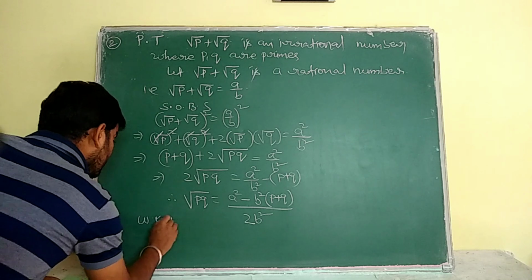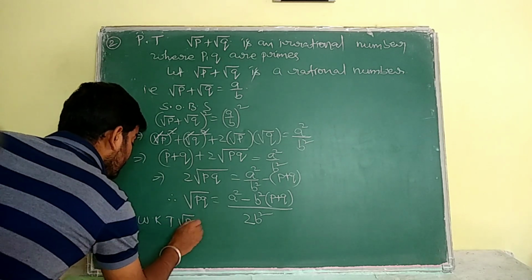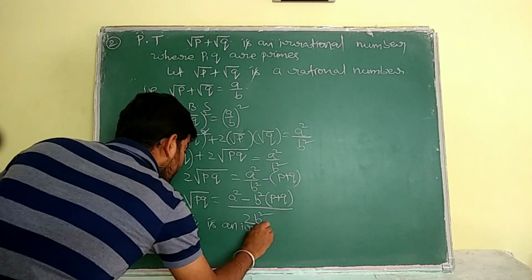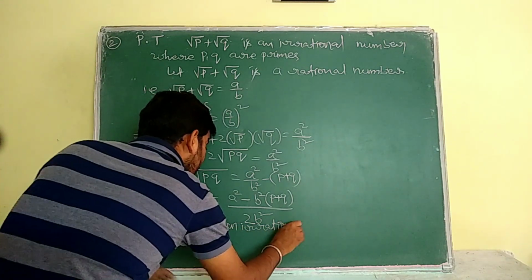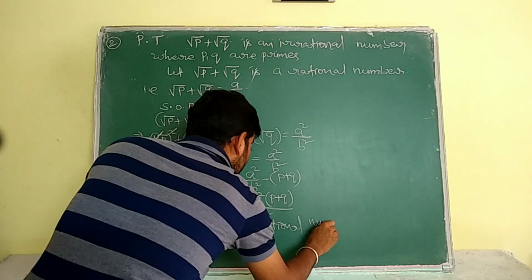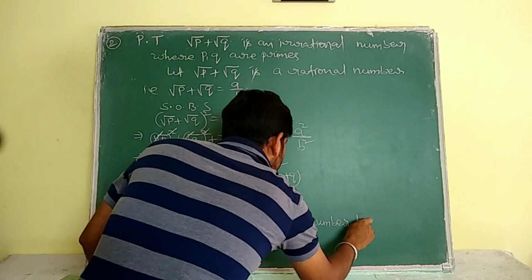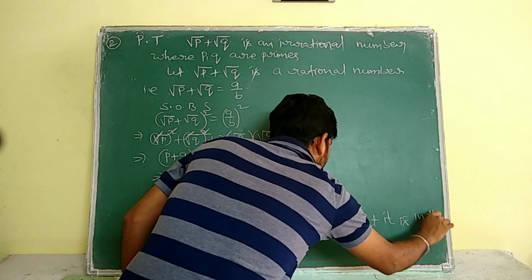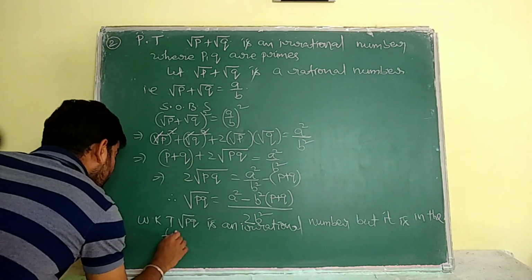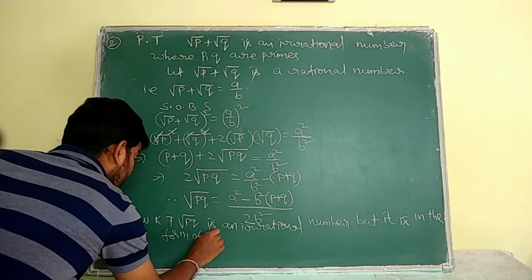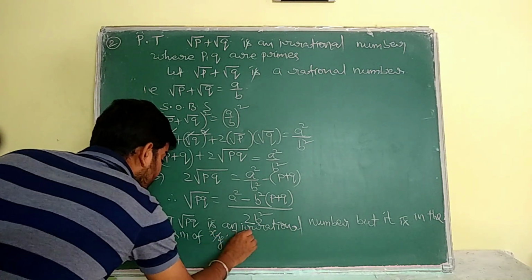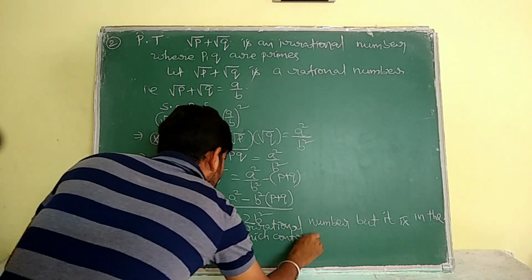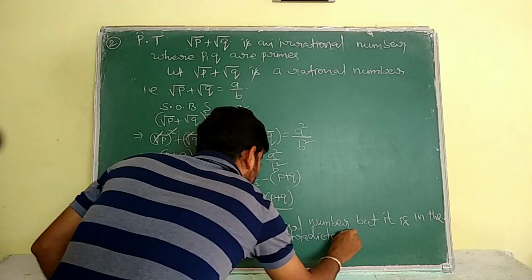We know that root pq is an irrational number, but it is in the form of x by y, which contradicts our assumption.